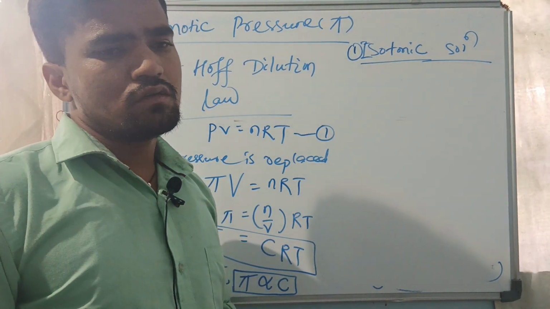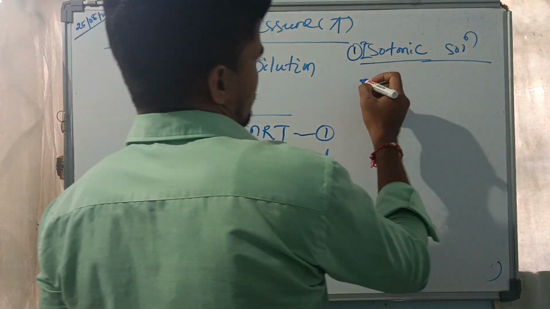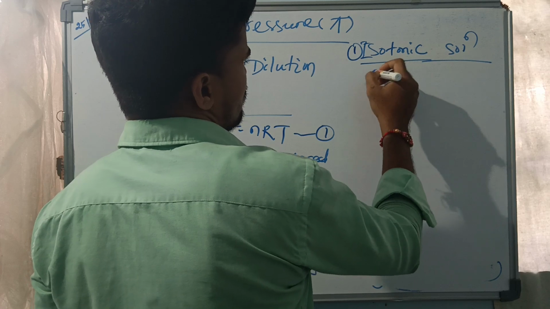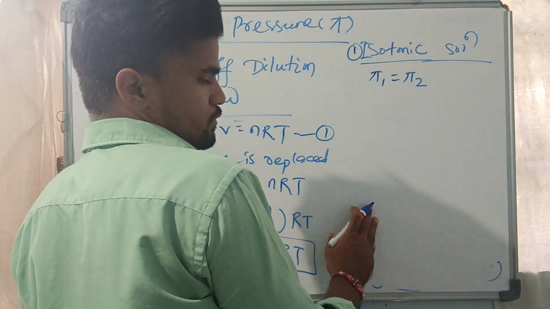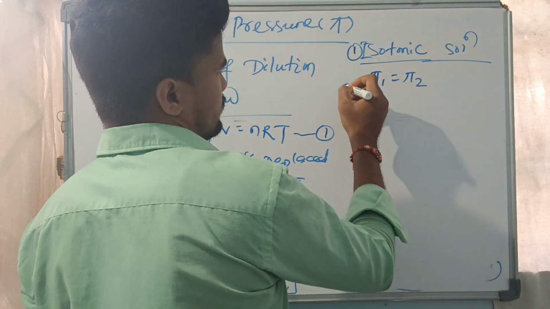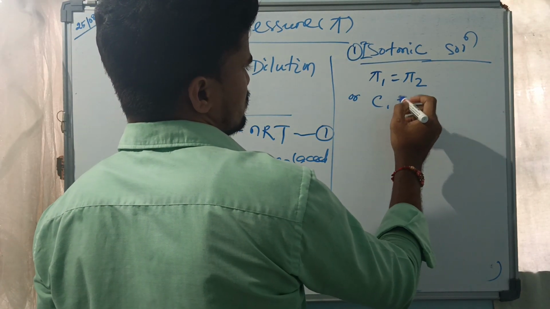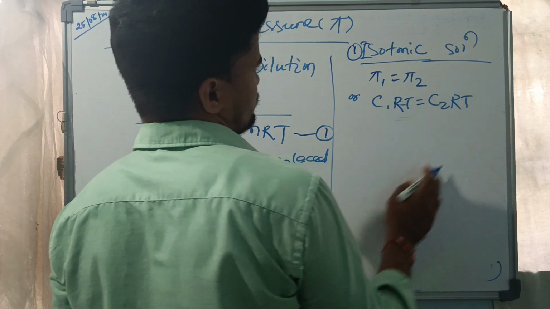In the primary condition, suppose pi 1 is equal to pi 2, both solutions have the same osmotic pressure, or C1 RT is equal to C2 RT.